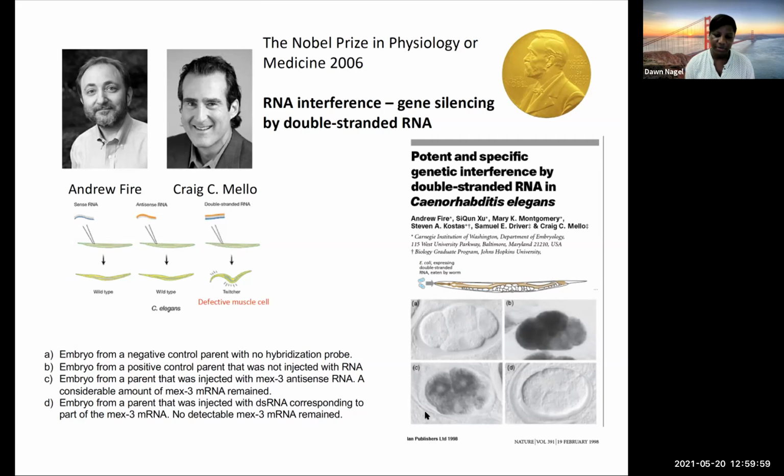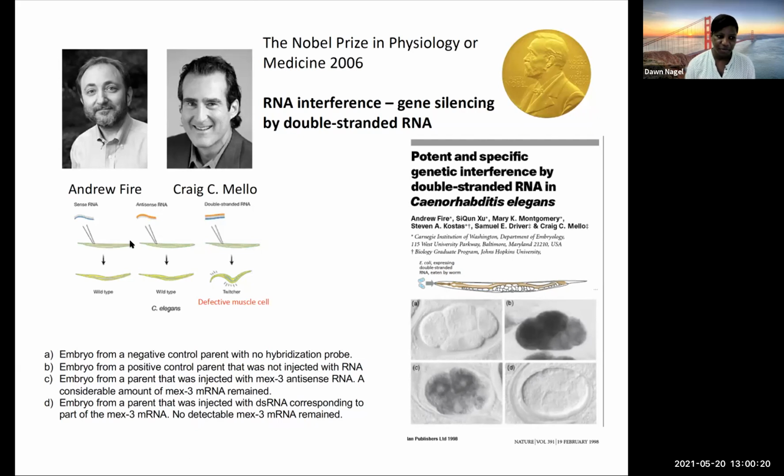So they did an experiment. The great thing about C. elegans, or the worm, is that you can just feed it anything and it will just eat it, right? That's the way you transform it, compared to all the other different ways we talked about transforming an organism. With C. elegans, you just feed it, and it will take up whatever you give to it.